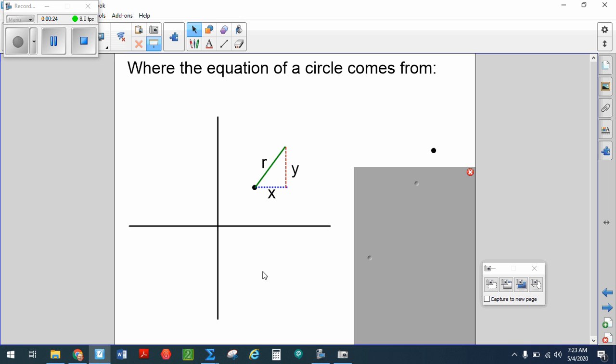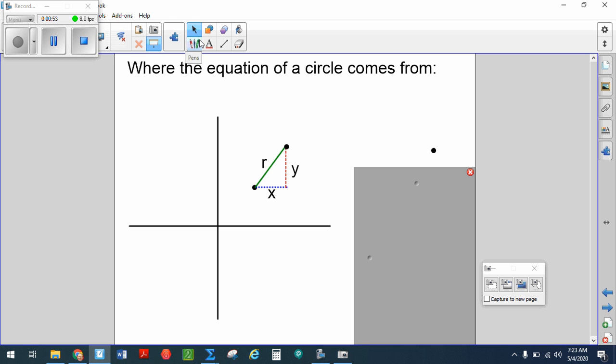If I start with any point randomly on a graph and I try to find the distance from one point to another point, what we've done there is we've used the Pythagorean theorem. For this triangle, the Pythagorean theorem is true because it's a right triangle, so we know that x squared plus y squared equals r squared.